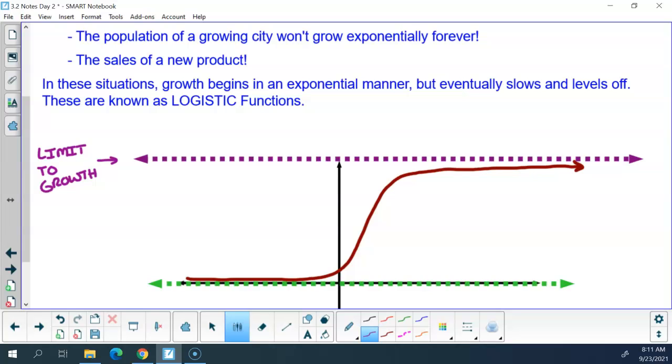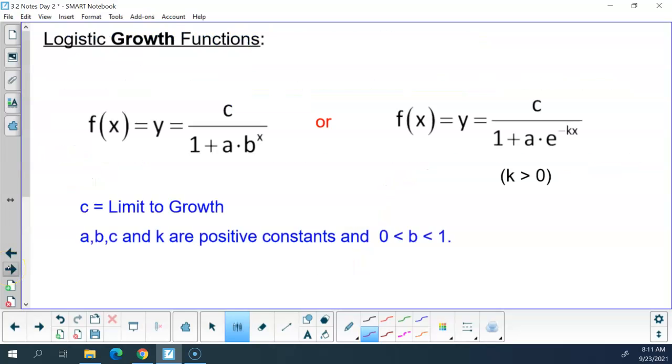Let's take a look at a couple of different styles of logistic growth functions. Here are the two styles. On the left, we have just a regular, basic exponential base.